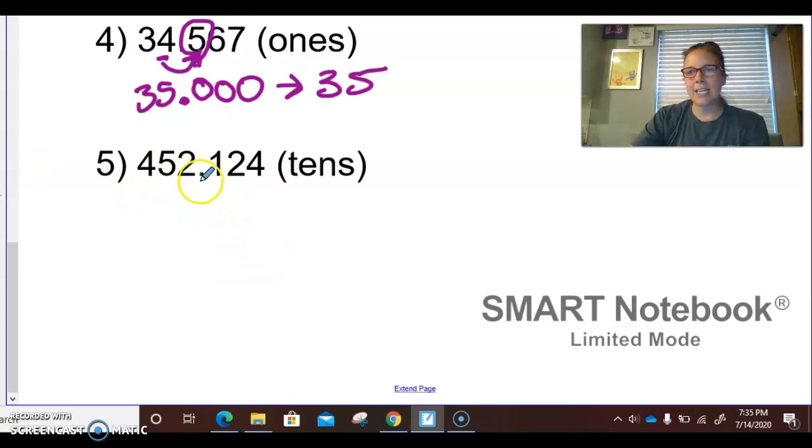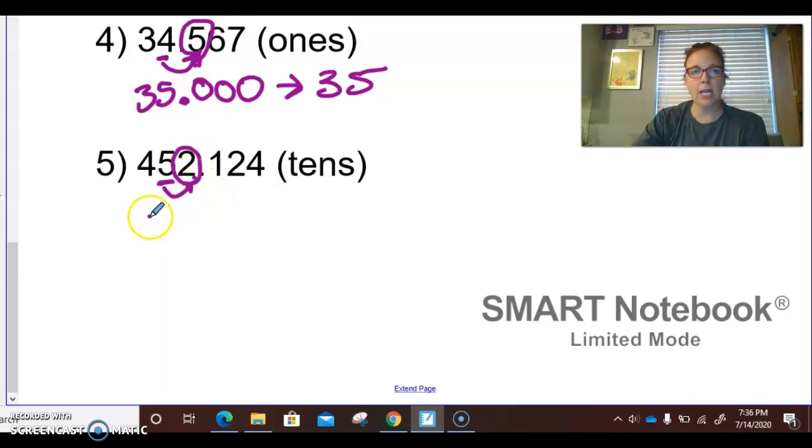452 and 124 thousandths. Okay, this says the tens place. So this is our ones, this is our tens. So we underline our tens. We go next door. We circle. Is this 5 or above?